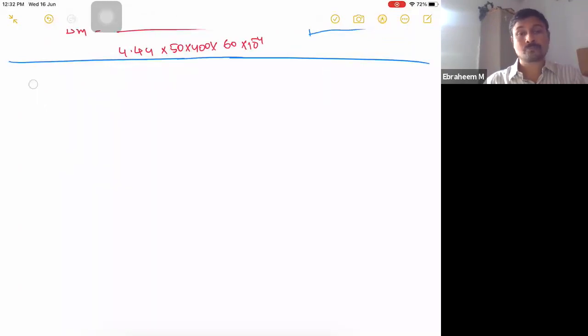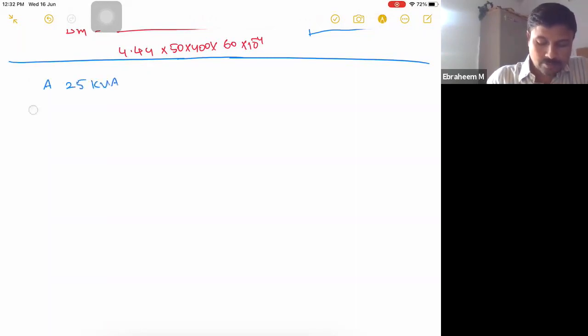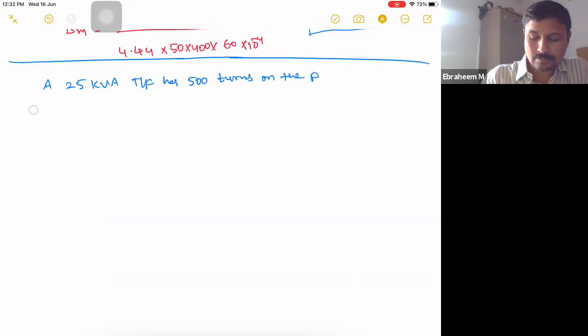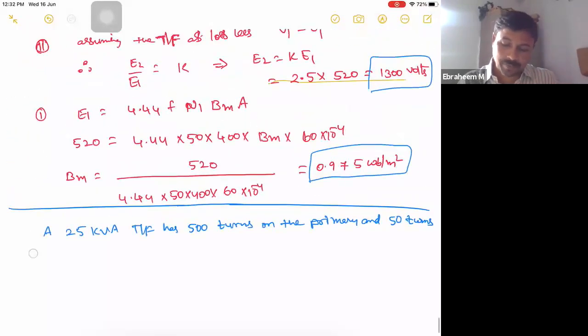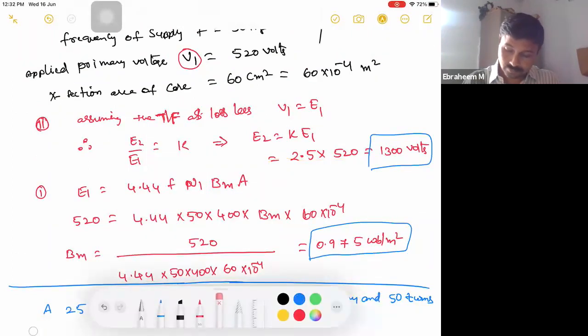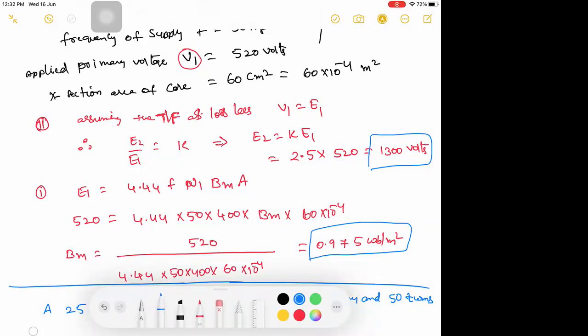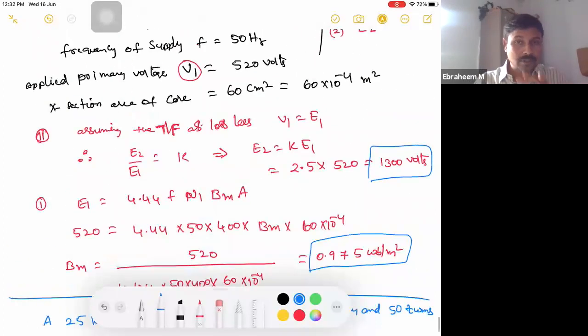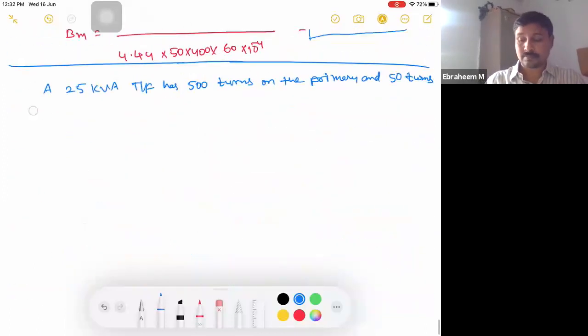A 25 kVA transformer has 500 turns on the primary. In the previous problem, was the transformer step up or step down? Step up, because the secondary voltage is greater than the primary voltage.